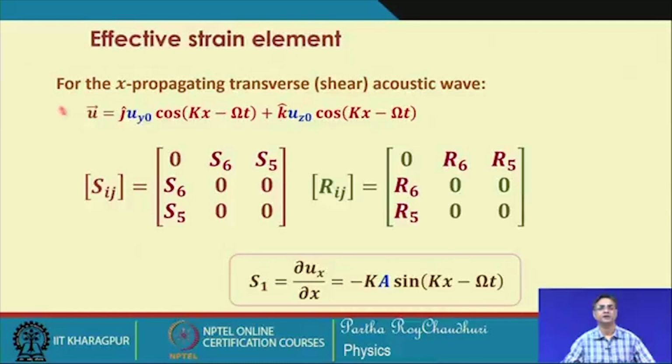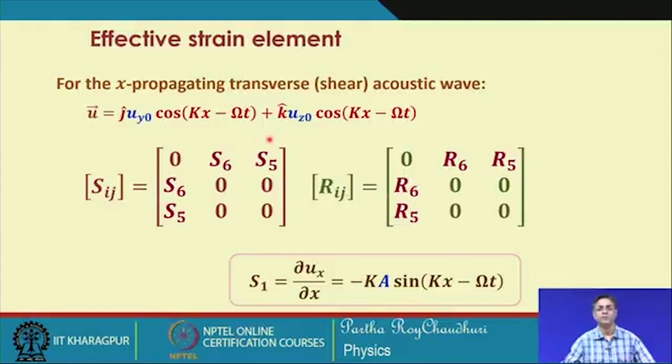So, we have this summary that for the case of X propagating transverse shear wave which is unpolarized, that is which has X polarization, Y polarization and Z polarization components present, the deformation will be represented by the Sij and Rij matrices, strain and rotation matrices.